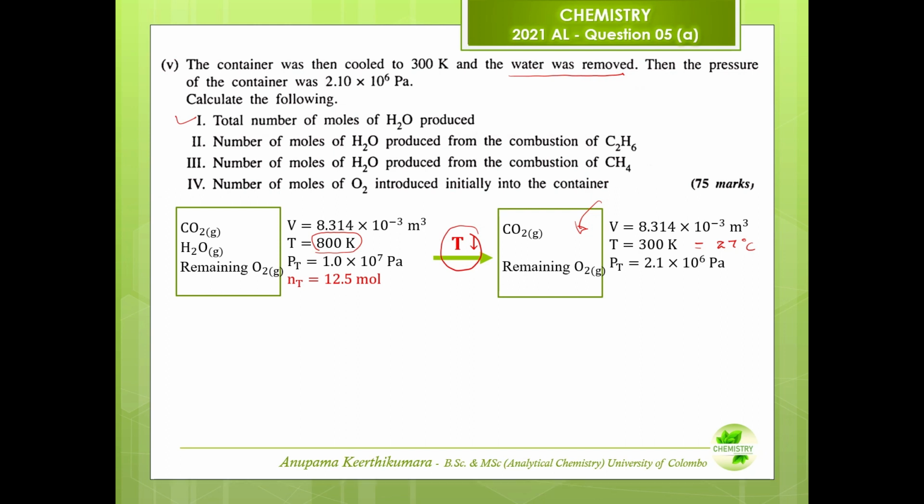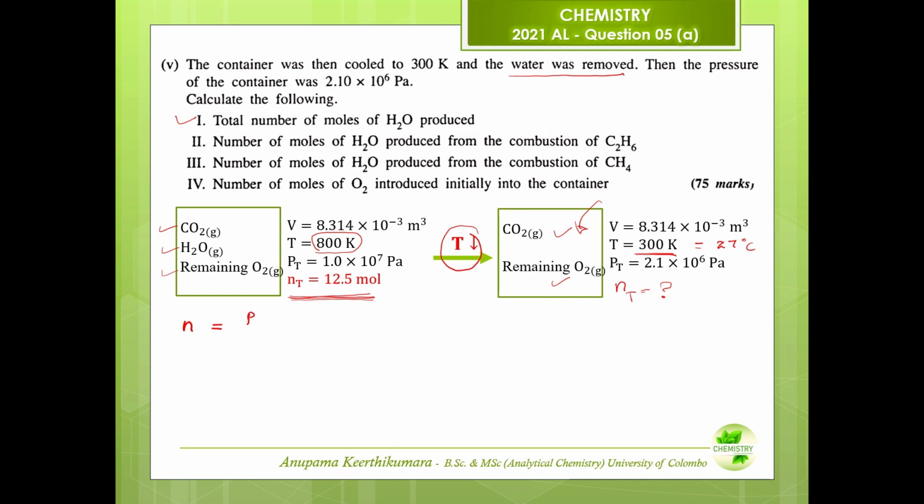We know the total number of moles of gases in the previous system is 12.5 moles, meaning produced carbon dioxide gas, produced water vapor, and the remaining oxygen. If you find the total in the system at 300 Kelvin, that gives you the CO2 gas and the remaining oxygen. Then 12.5 minus this answer gives you the number of moles of H2O produced. First we will calculate the total at 300 Kelvin.